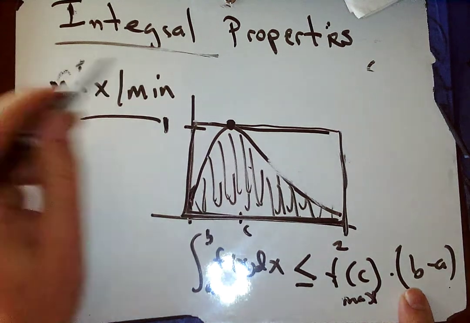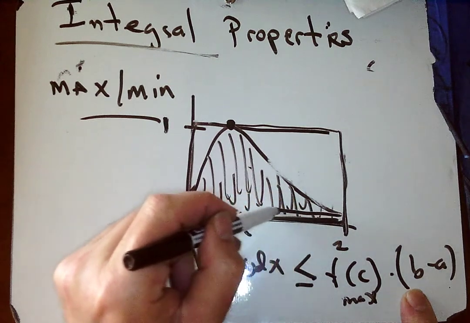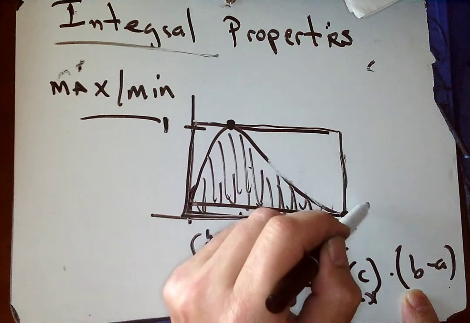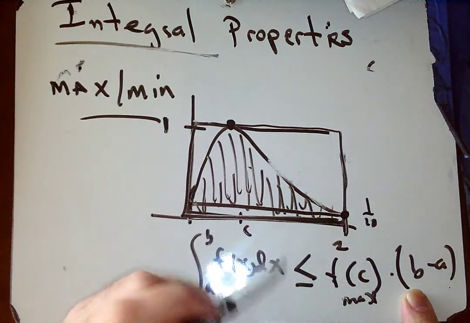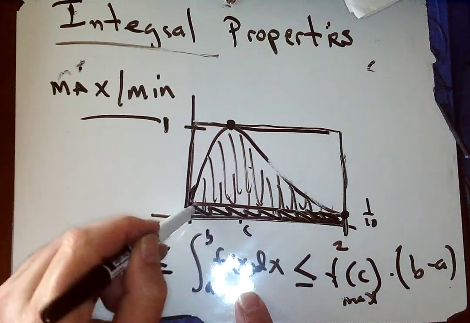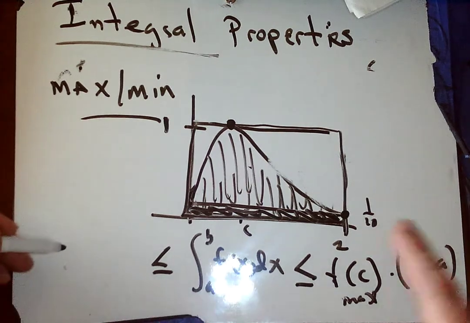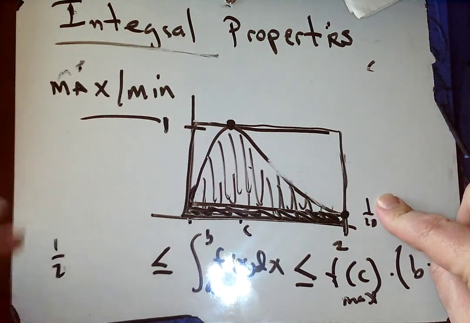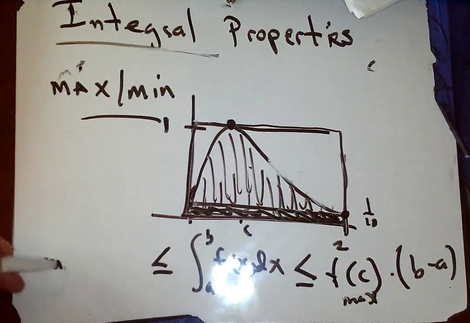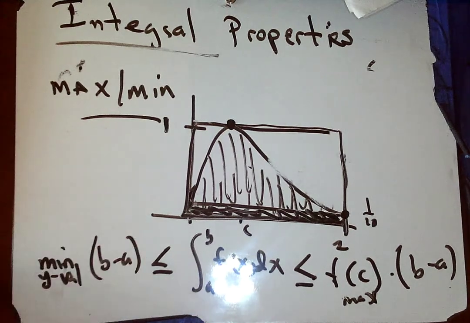But I kind of want to squeeze this area in by also using the minimum value. Okay, so here's my minimum value. Let's say it's 1/10 there. I'm going to say the value of this integral is definitely bigger than this tiny rectangle here. So this integral is greater than or equal to, we have a height of 1/10, the min y value times b minus a.